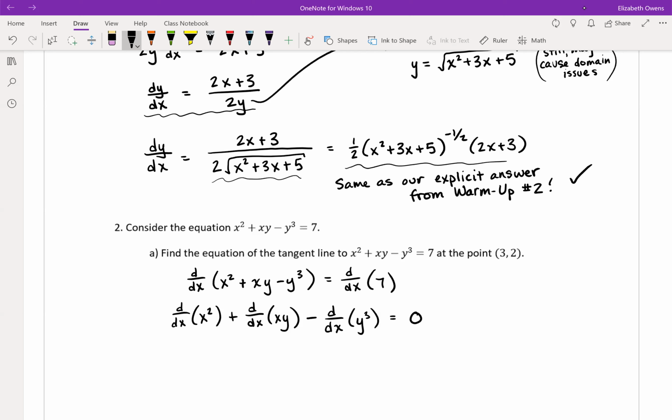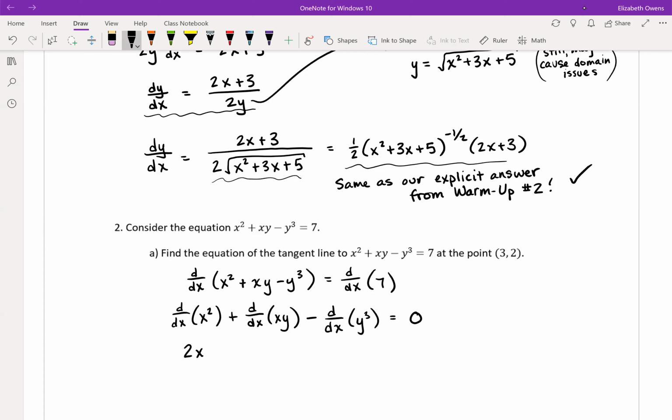All right, left-hand side, that first derivative, no problem. That's going to be 2x, just like normal. But then we do hit a more interesting issue with that second term, the derivative with respect to x of xy. That now is a product of two functions. x is a function, and y, remember, is a function of x in this section.